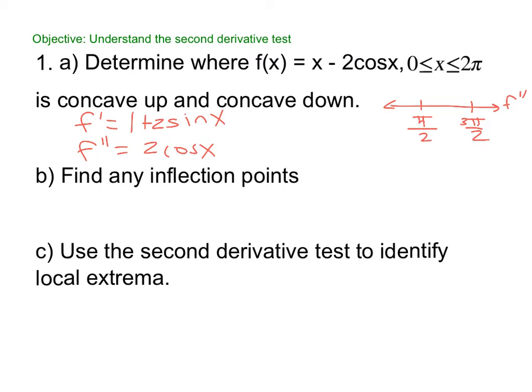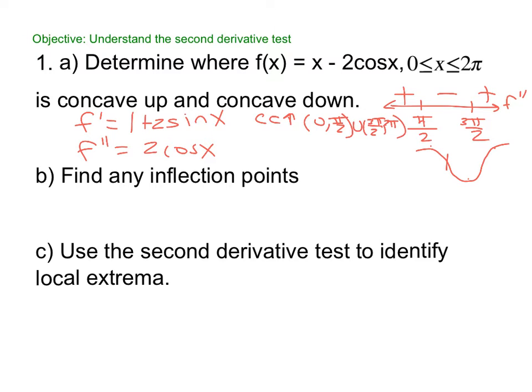So 0 to pi over 2, that is positive, negative, positive. Right? So we're just plugging into cosine. And I literally just think about the graph. Cosine is positive till it hits pi over 2, and then negative, and then positive. So this thing is concave up from 0 to pi over 2, and 3 pi over 2 to 2 pi.